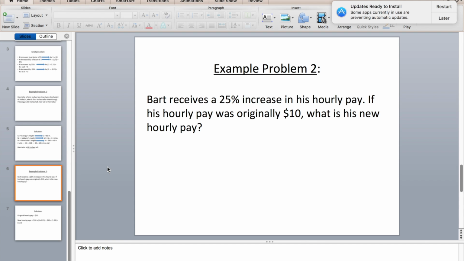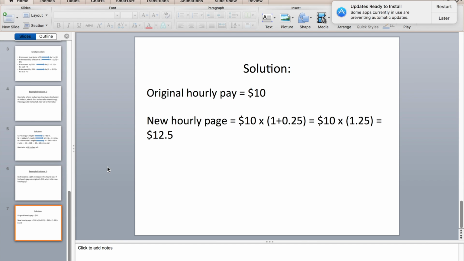Example problem 2. Bart receives a 25% increase in his hourly pay. If his hourly pay was originally $10, what is his new hourly pay? Again, a 25% increase is the same thing as saying that we increase by a factor of 1.25. Original hourly pay is $10.